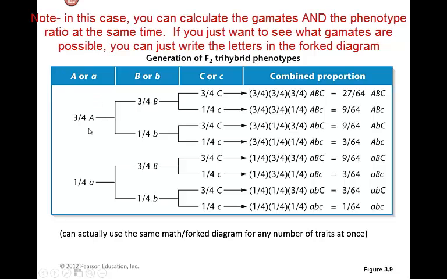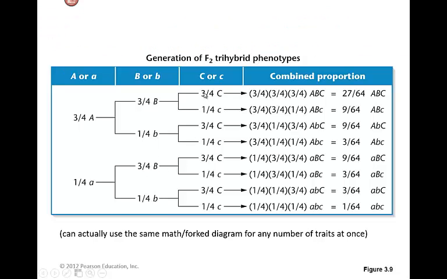We know that 3/4 of them are going to show the dominant phenotype, and 1/4 of them are going to have the lowercase a from this. For the capital B or lowercase b, 3/4 of them are going to have at least one capital B, 1/4 of them are going to have a lowercase b. Same thing here. For the C, 3/4 of them are going to have at least one capital C, excuse me, and 1/4 of them are going to have two lowercase c's.